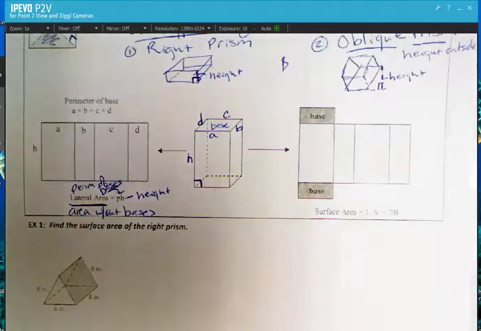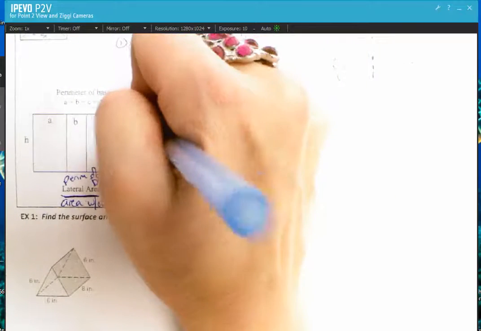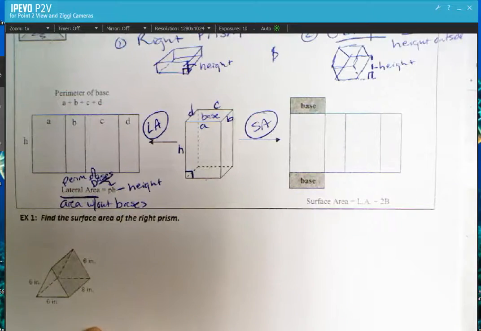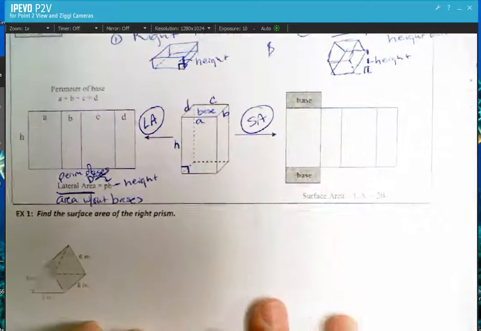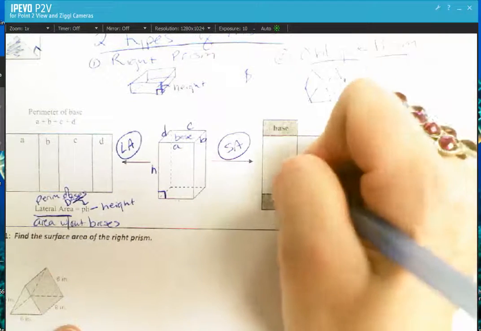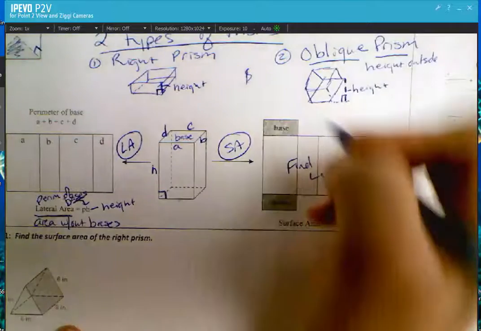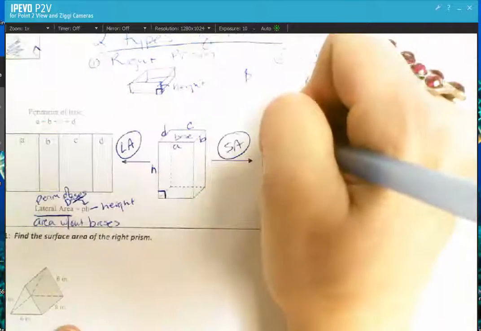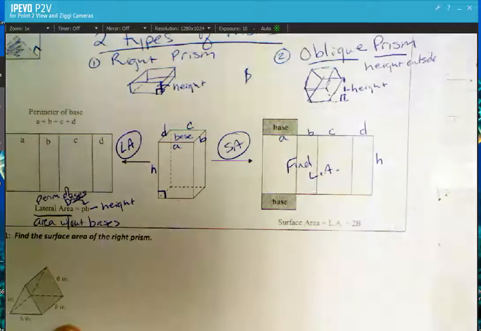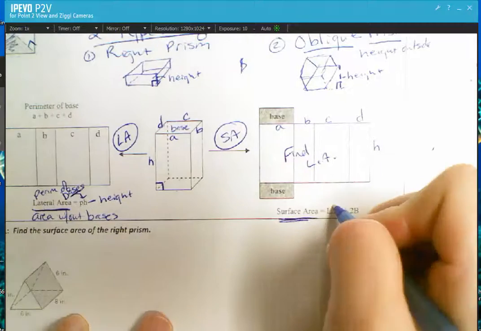Okay. If I want to find the surface area though, so this is my lateral area side, if I want to find the entire surface area, that's including the bases, I already know what my lateral area is, so I'm going to find lateral area first. Again, if I take this and make it into a net, this is A, B, C, and D. I still have my height. The surface area formula is lateral area.